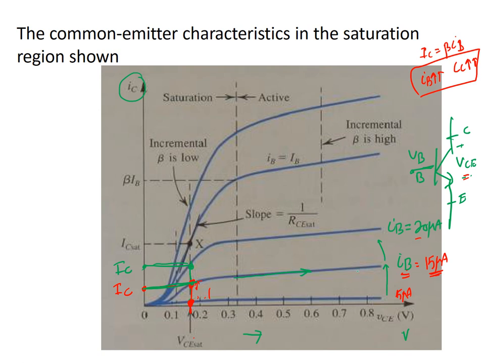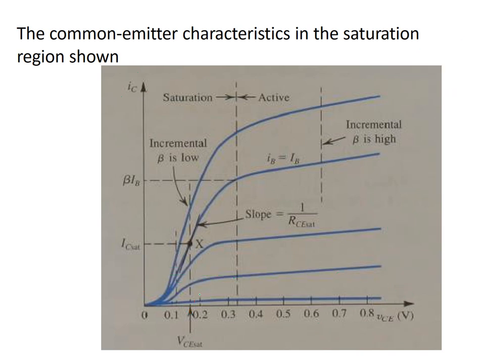In other words, if you fix your base current value and increase the collector emitter voltage, there will be no change in the collector current, because it remains almost fixed. So after a particular point, if we go beyond these values, there will be no further increase in the collector current value.